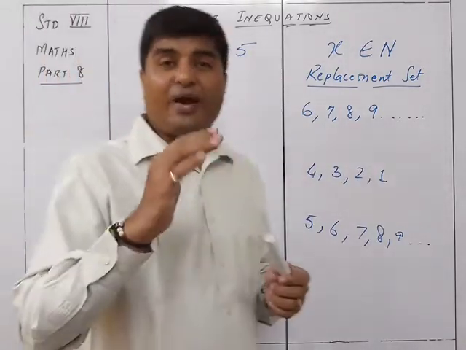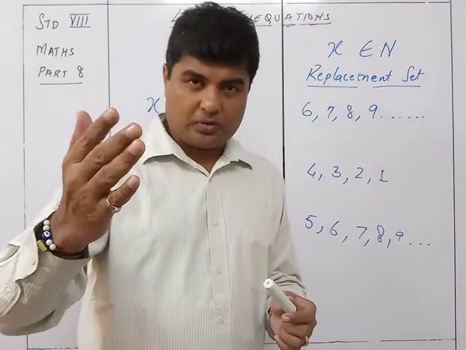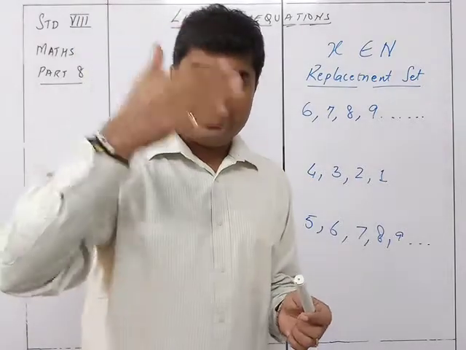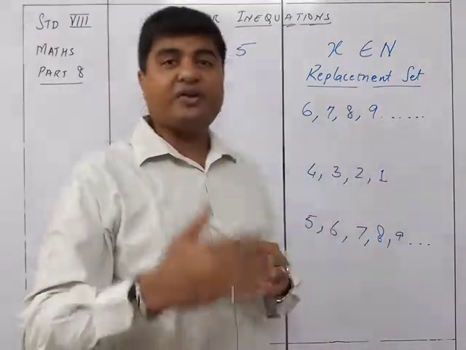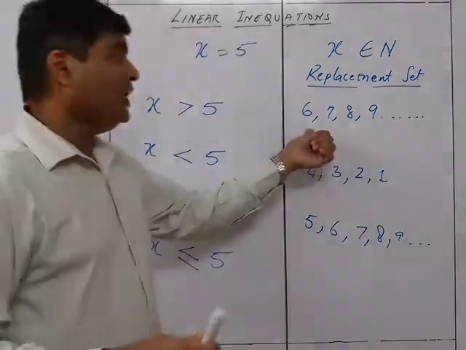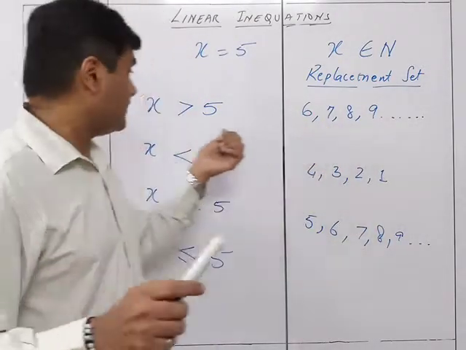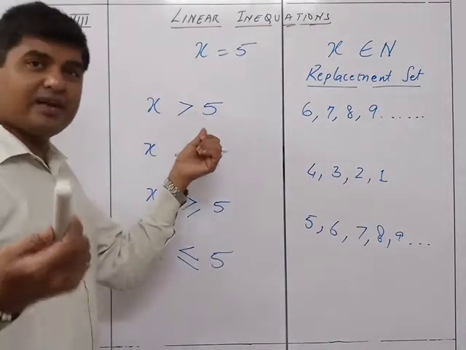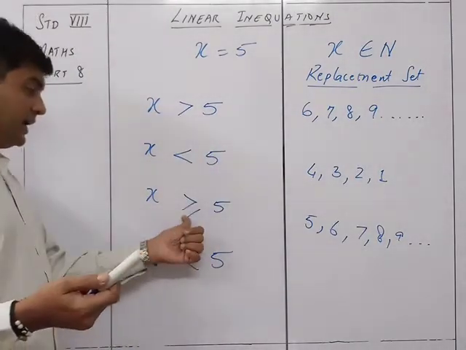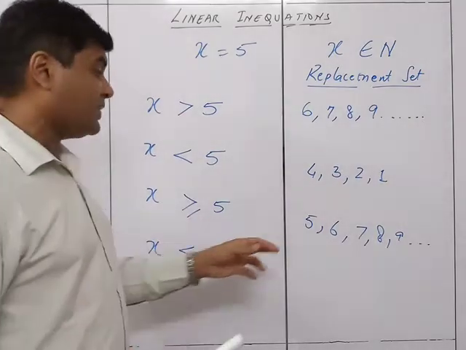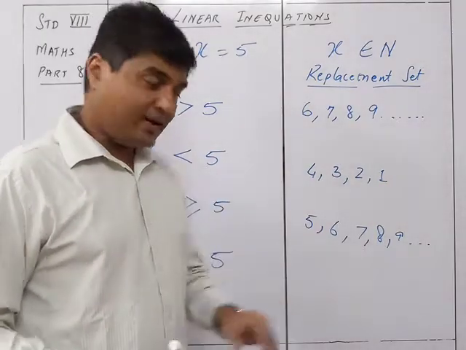That means above 5.5, above 5.1. So the next natural number after 5 is 6. That's why here 5 was not included, but in this case 5 is included. That's why the numbers will be 5, 6, 7, 8 and 9.